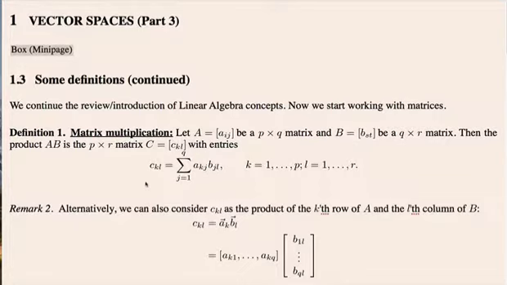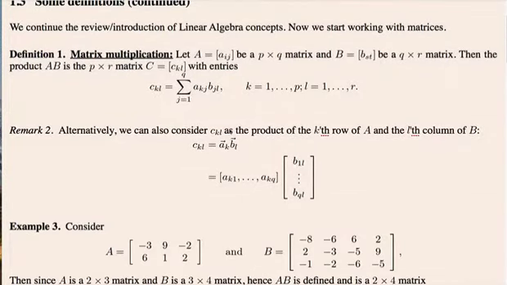There are alternative forms to write this product matrix or to calculate this in a formal way. We can consider C_KL as the product of the kth row of A and the lth column of B. So if A_K is the kth row and B_L is the lth column, then this is a 1 by Q matrix, which is a row vector, and this is a Q by 1 matrix, which is a column vector.